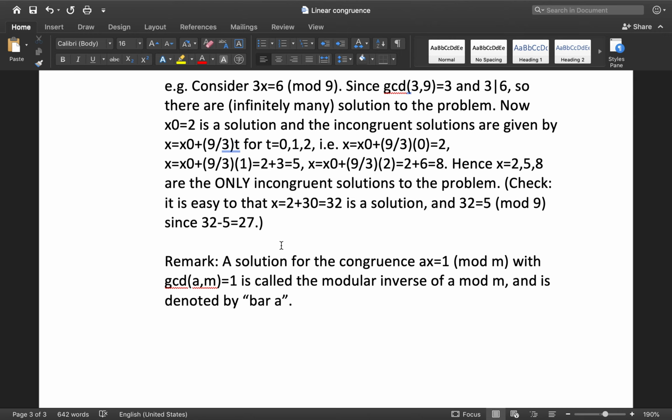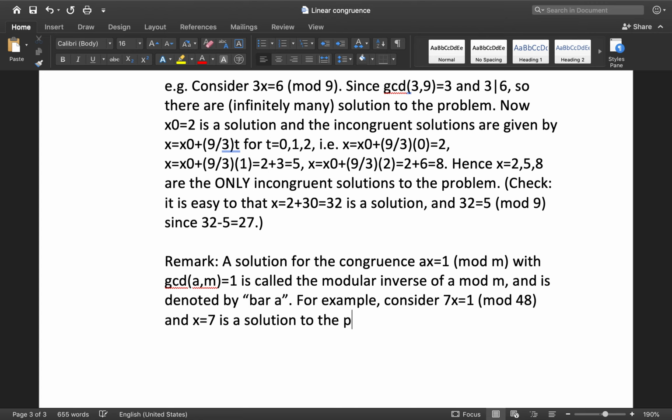For example, consider 7x congruent to 1 modulo 48. Then you can see that x equal to 7 is a solution to the problem. You can check this because the GCD is equal to 1, so there's only one incongruent solution to the problem.